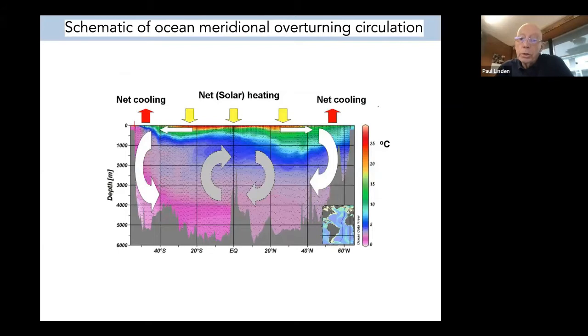And how this looks on a more schematic measure is shown here. There's data from the Atlantic, but this is just a schematic with the arrows here. So as I said, there's net heating of the ocean surface over lower latitudes, and net cooling at higher latitudes. And this cooling produces flow of cold water down to the bottom of the ocean.